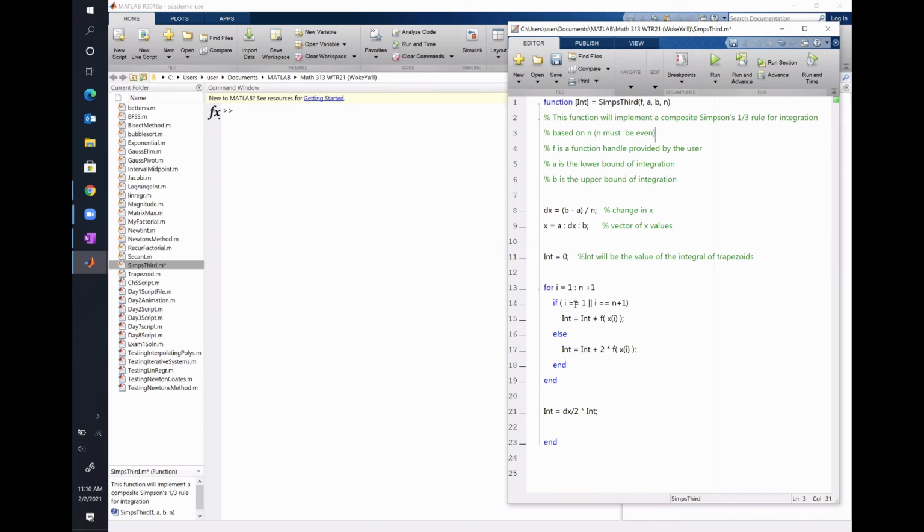So our loop, if it's the first point or the last point, we're still good, right? If it's the first point or last point, it still needs a coefficient of 1.